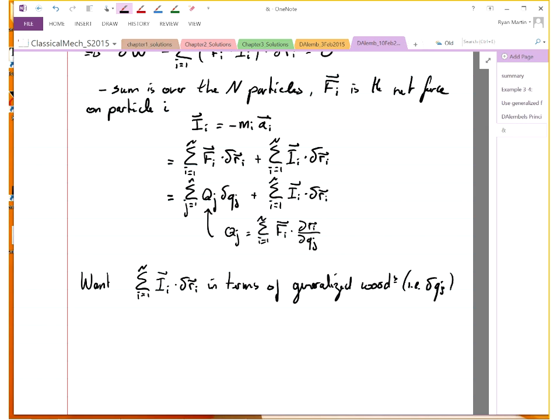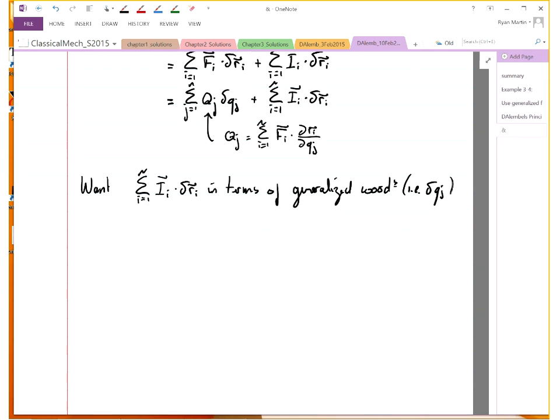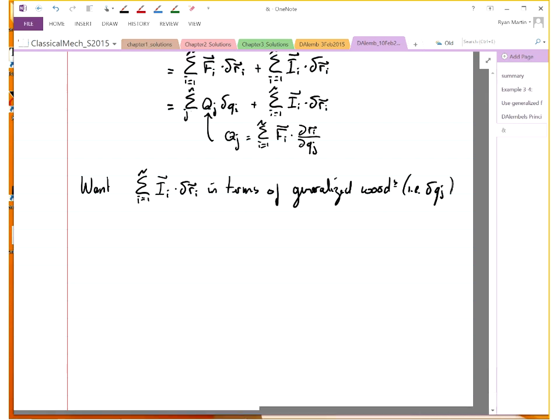And from here on out, it's just a bunch of math until we get that result, and a pretty form for D'Alembert's principle. So let's get started.